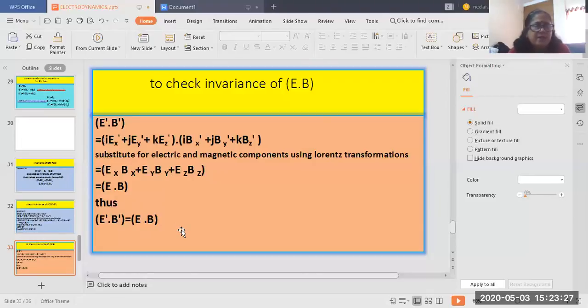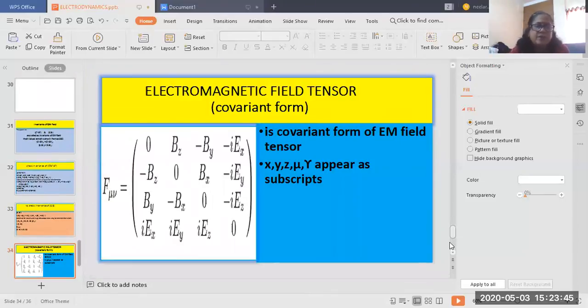What is the identity? E dash dot B dash in the accelerated frame S dash is equal to E dot B in the stationary, non-moving frame S. So these are the two identities you have to remember, the electromagnetic field identities.